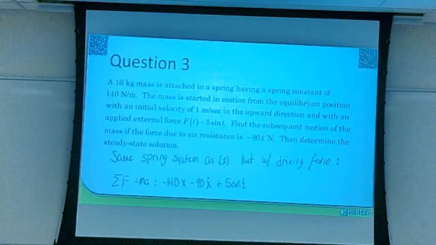That has to equal 10x double dot, mass times acceleration.